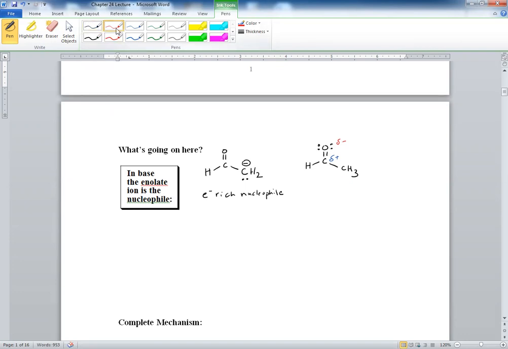It's more electronegative. So what's happening here is you have an electron-poor electrophile, which is the carbon. Notice that the carbon here is your nucleophile, and notice that this carbon now is your electrophile.